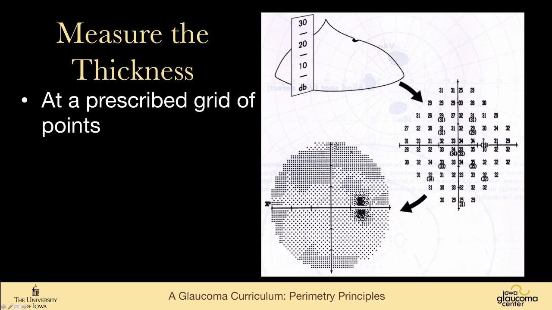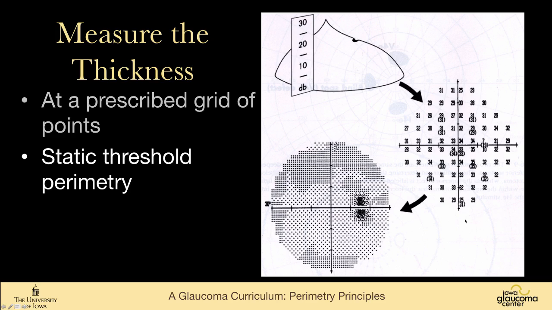So here's the blind spot corresponding to this, and the higher the area, the lighter the gray. You can see these numbers are higher centrally and they fall off in the periphery. So this is static threshold perimetry, meaning that the target is not moving, but it's still, and it's measuring the threshold of a point.